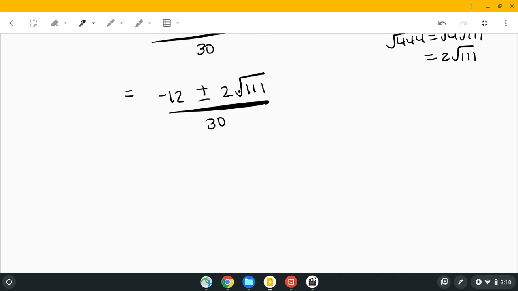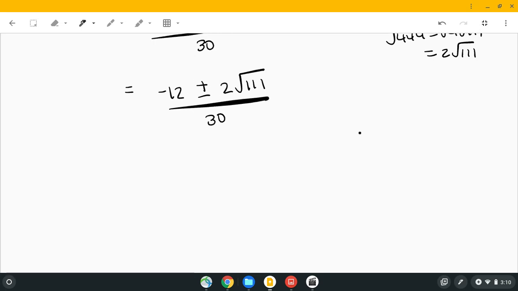But there is one thing you can do with this answer. If you notice that all 3 of these, and it has to be all 3 of these, are divisible by 2. Okay. One way you can look at it is, oh, okay, you can factor out a 2 from in the numerator.